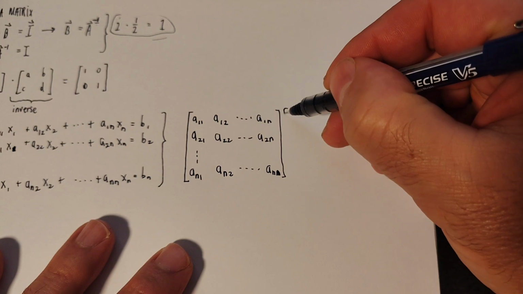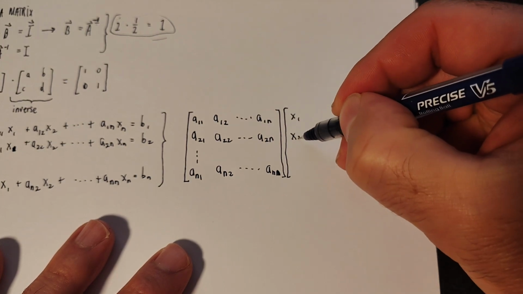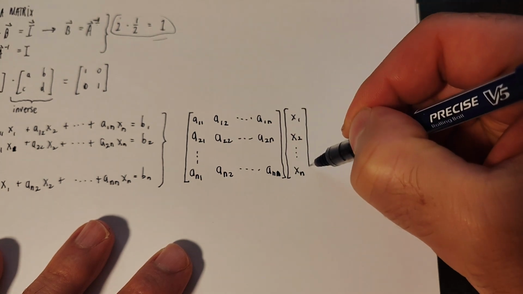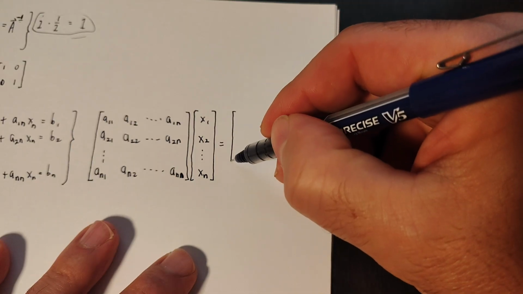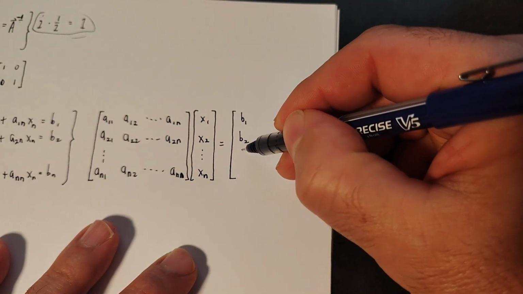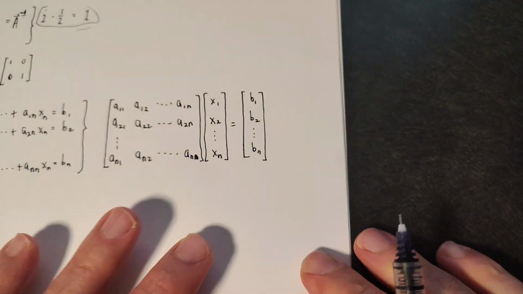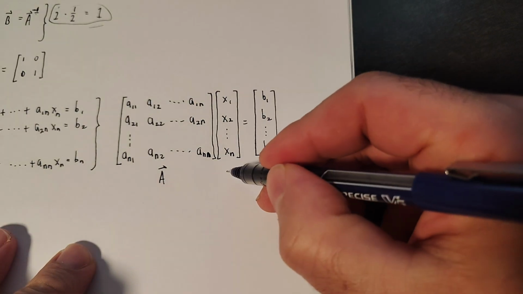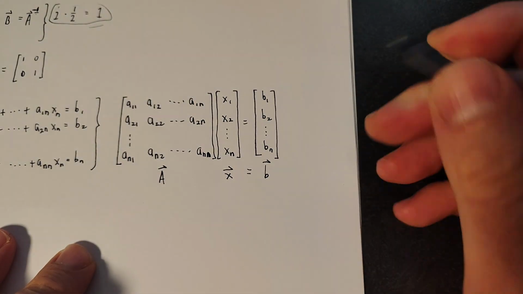And then what we did was we factored out the x's: x1, x2, xn. And that was equal to b1, b2, bn. All right, so this is some matrix A, this is some vector x, and this is some vector b.